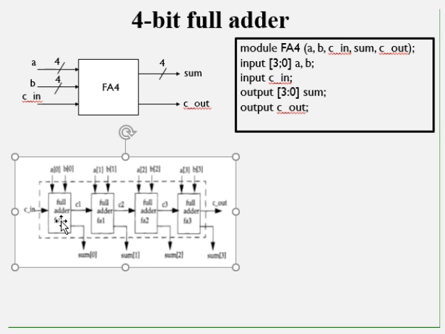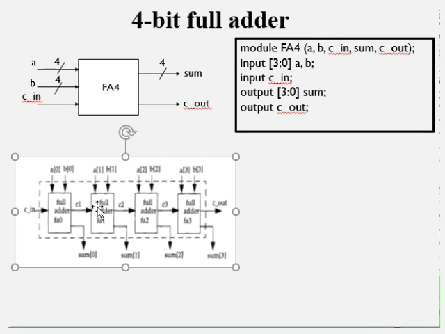For the first full adder FA0, the inputs are A of 0, B of 0, and the carry in port Cin itself is fed to the first full adder. The output of that will be sum of 0, and the carry out will be taken as an intermediate signal C1, and that will be fed to the next full adder as input carry.